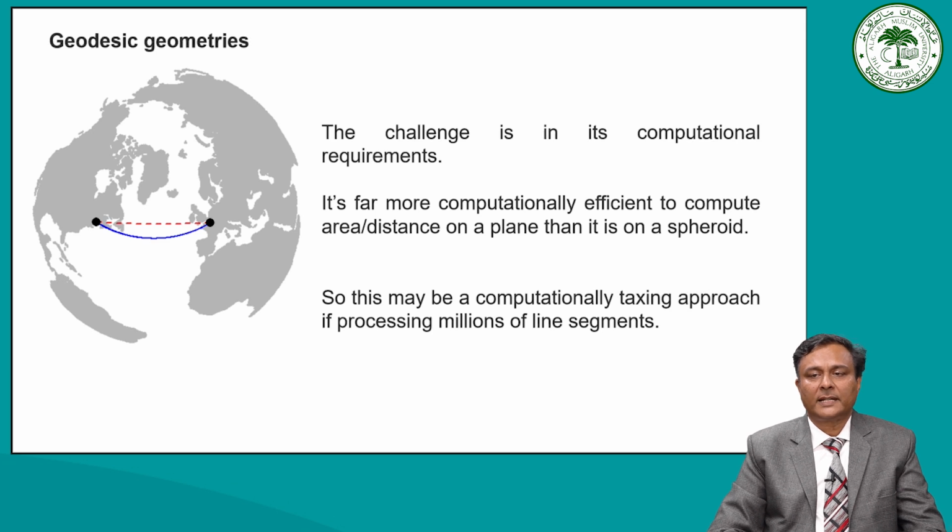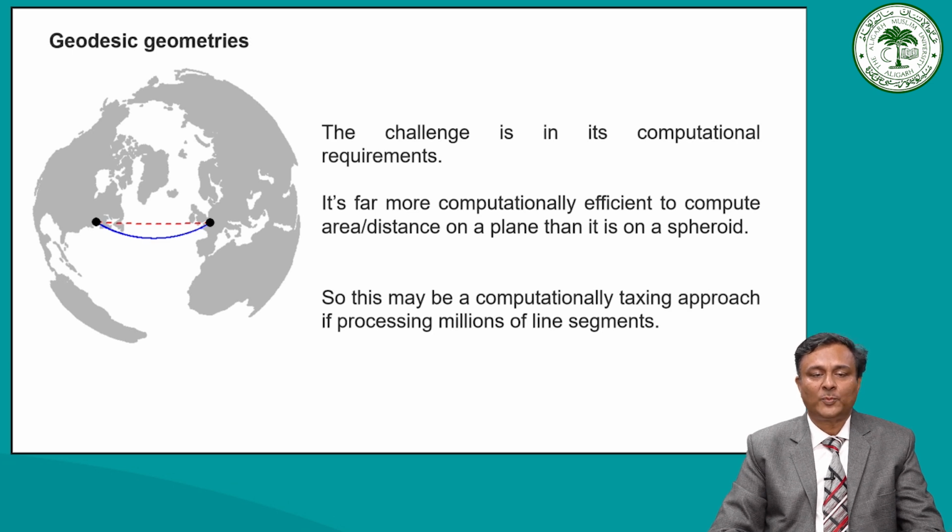This is because geodesic calculations have no simple algebraic solutions and involve approximations. They may require iterative solutions. The challenge is in its computational requirements. It's far more computationally efficient to compute area or distance on a plane than it is on the spheroid. So this may be a computationally taxing approach if processing millions of line segments, because this example is only between 2 points.